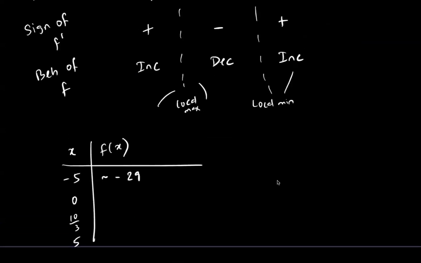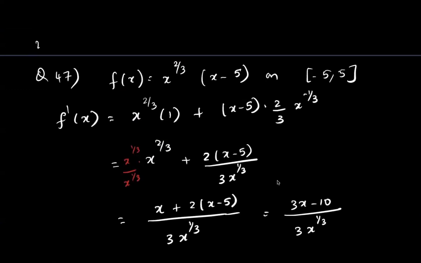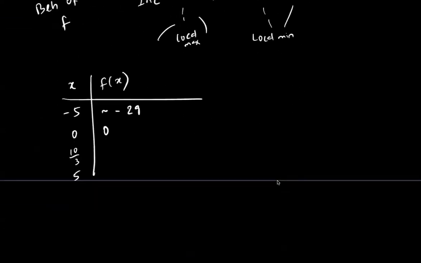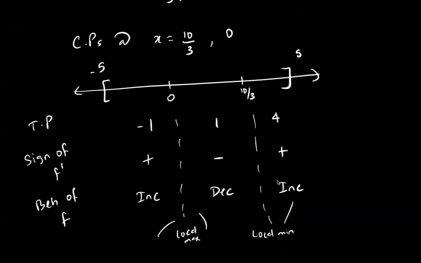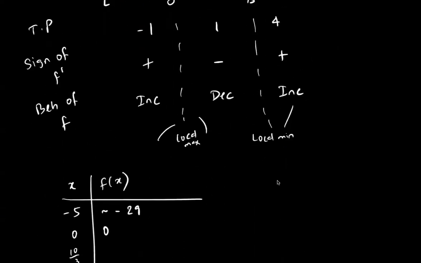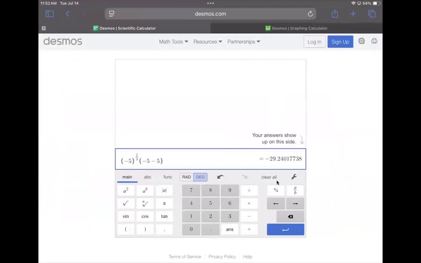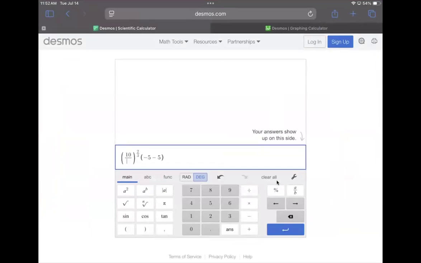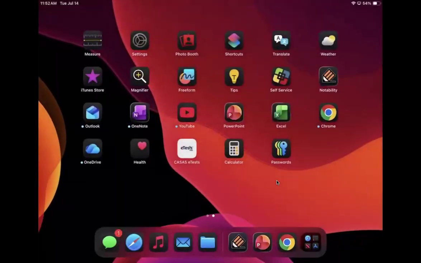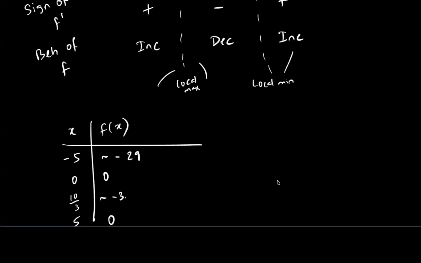Okay, 0 is easy. 0 will be 0, right? 0 to the power of 2/3 is 0. Then x minus 5 is also 0, right? Because 5 minus 5 is 0. So that leaves us with just 10/3 to evaluate, which is approximately -3.7.